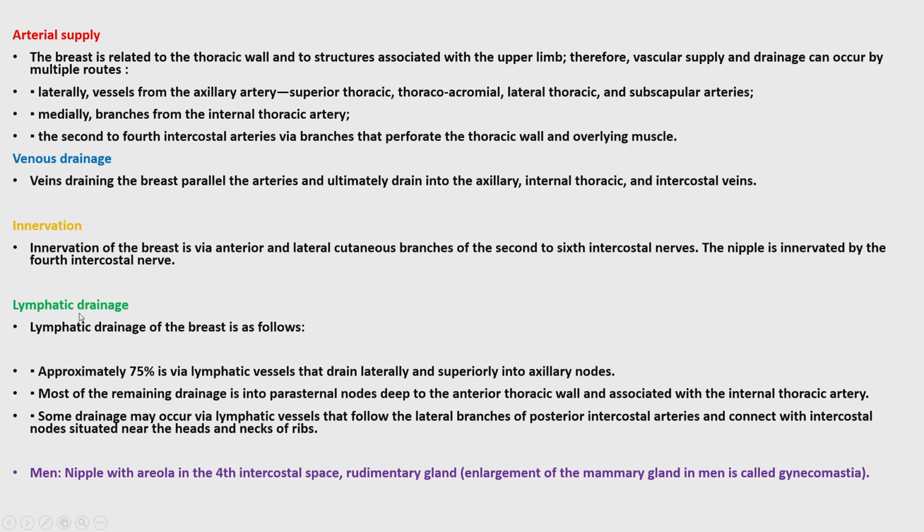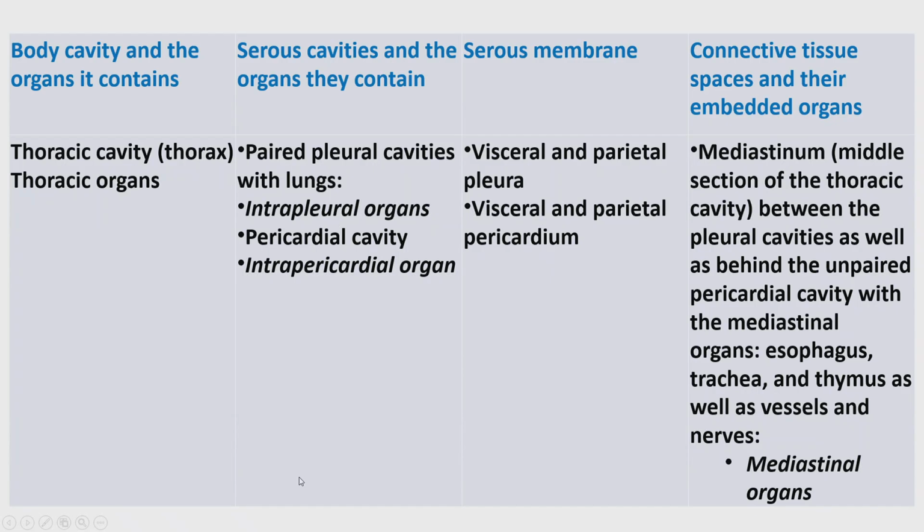The lymphatic drainage you had in the upper limb in the axillary region. The details are in the slide. There are 5 to 6 groups of lymph nodes that are very important for the diagnosis of breast cancer. And as we said, the nipple and the areola are located in the fourth intercostal space.